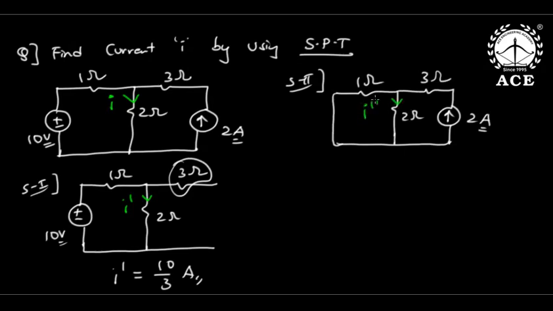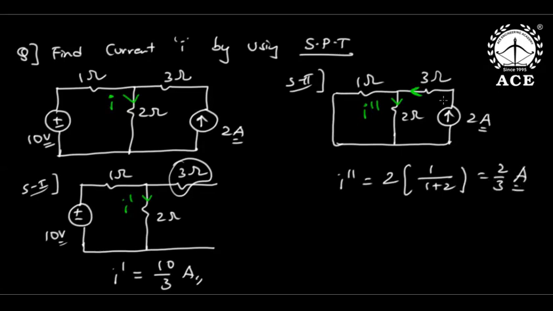This 3 ohms is in series with 2, so up to here the current is the same. Then I can do current division. I double dash is the total current into the opposite one by sum, that is 2 by 3.